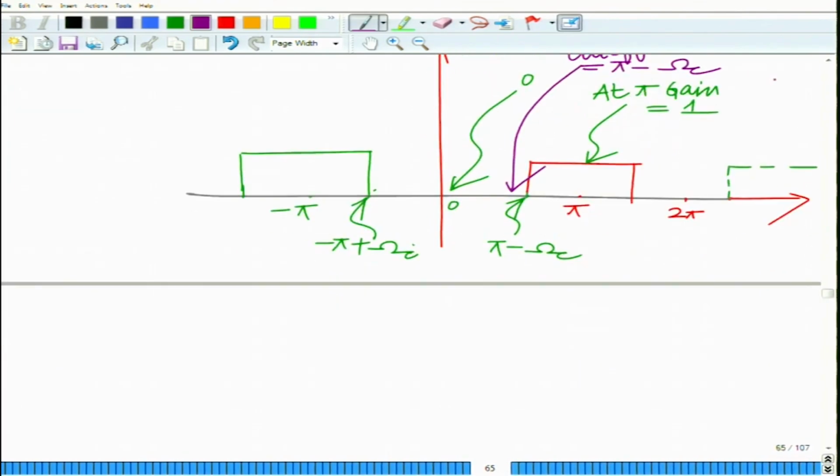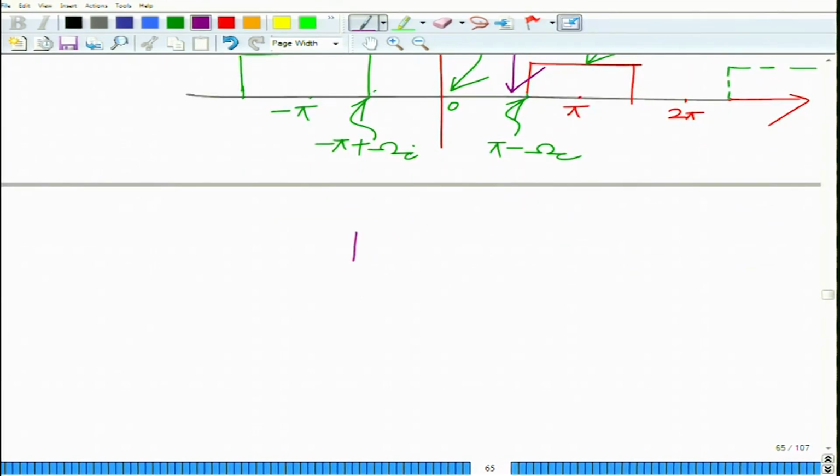So, h tilde n, you can see, we will have the DTFT.